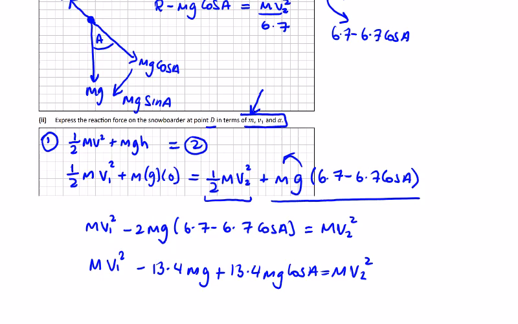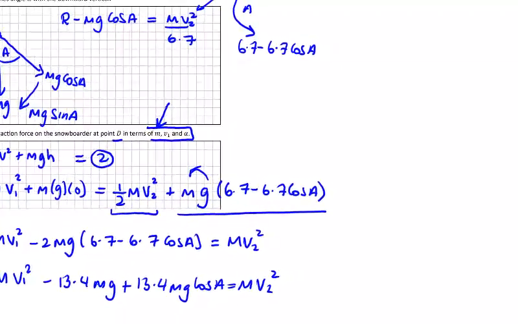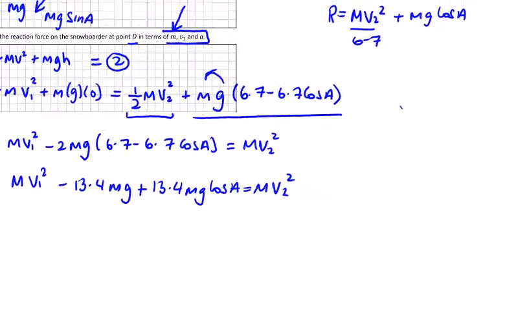And we want the reaction in terms of all of these. So the reaction is equal to mv2 squared, which we just have gotten here, over 6.7, and then plus mg cos A. So we just have to substitute mv2 squared in here.